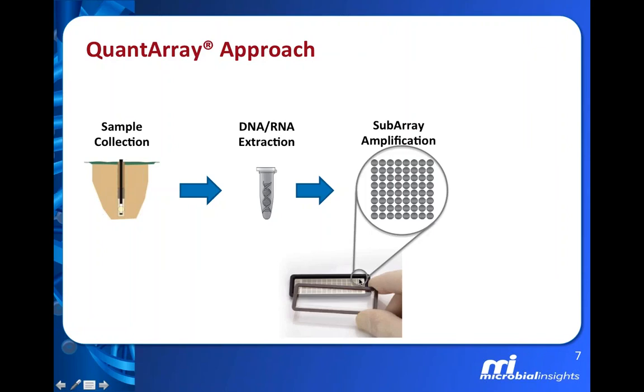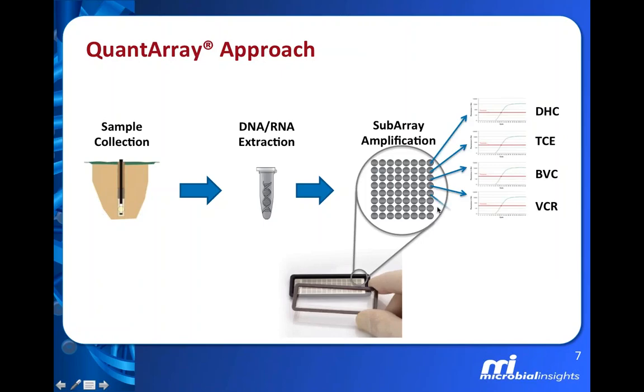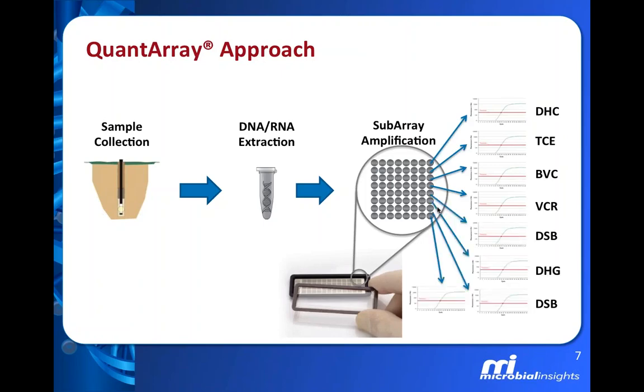Each of these little squares on this slide is a sample, so we apply our sample to that slide. If we look at that closer, that little square is all these little holes called through holes in our subarray, and all of those generate an individual qPCR curve. It's the same thing as we're getting with individual qPCR reactions, but we're getting all of these at one time, just in smaller volumes.